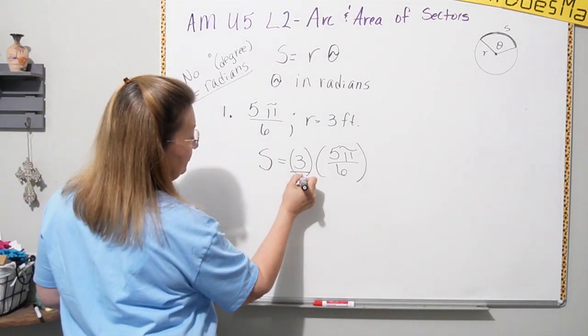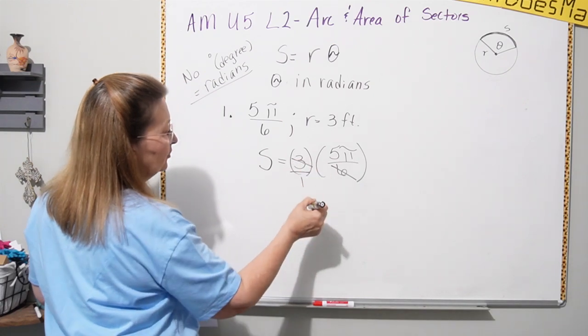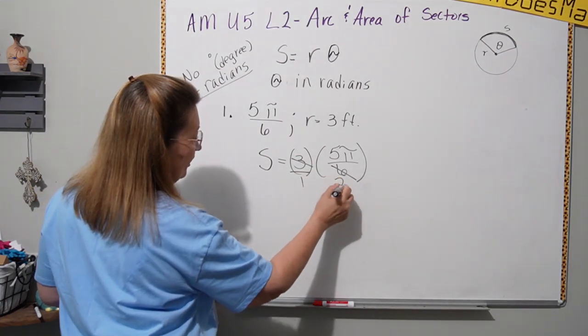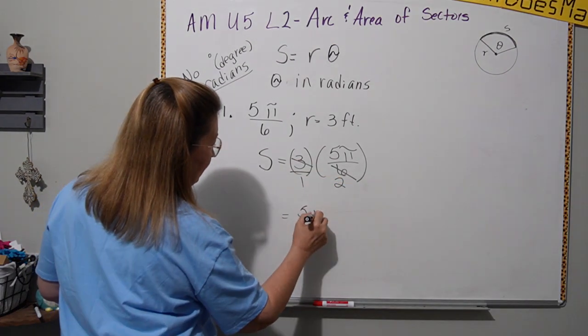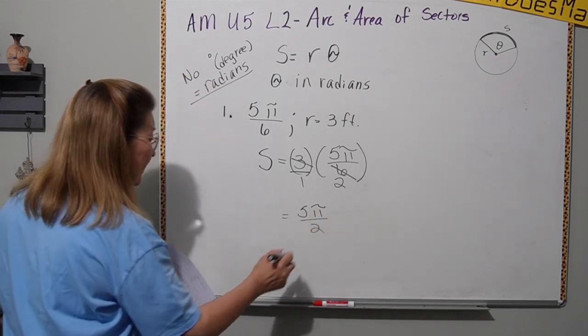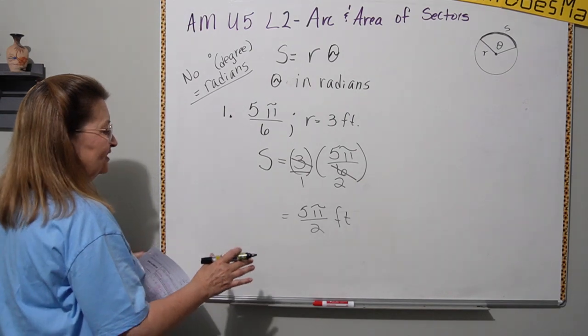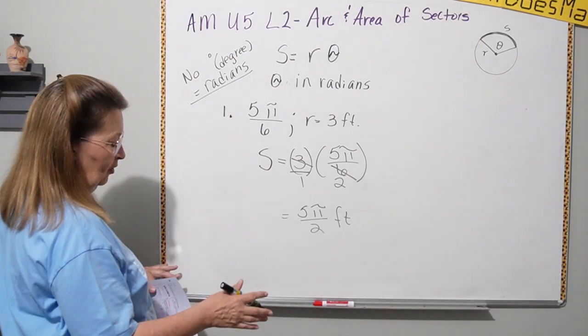Now, let's just look at the math here. What's this going to do? Remember, this is like 3 over 1. So 6 and 3 reduce down. You've got 2. So you're going to have 5 pi over 2. Now, this is in feet. So what we want to do next is change this to a decimal.